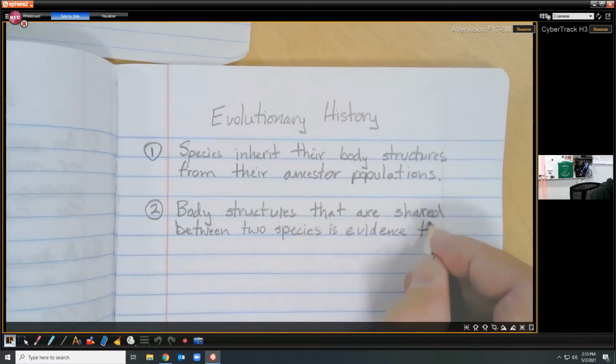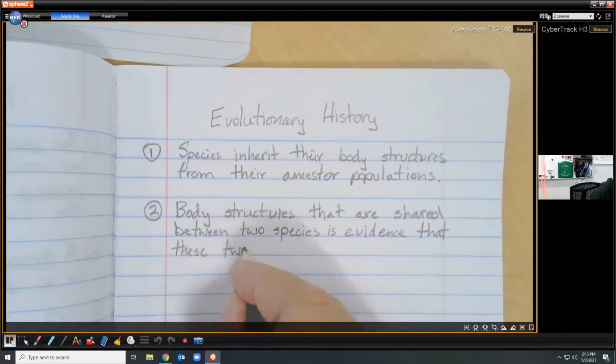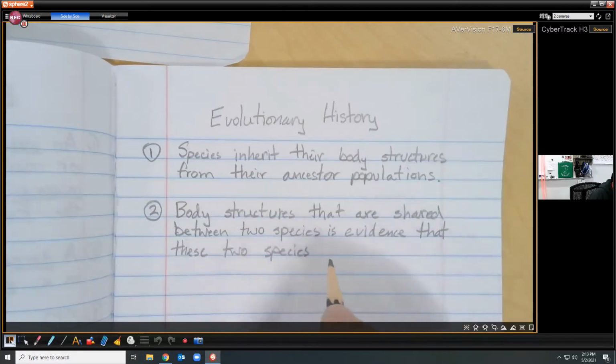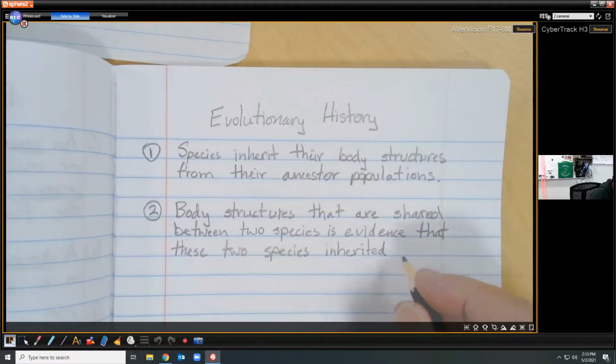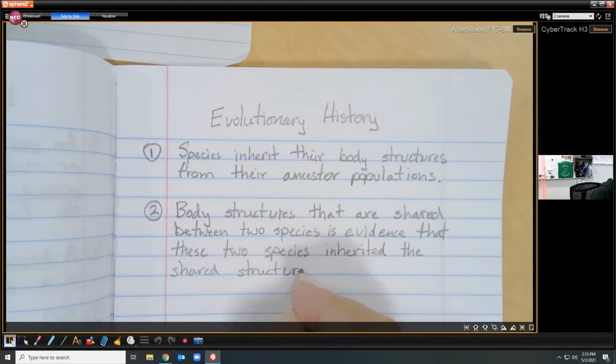Is evidence that these 2 species inherited the shared structure from a common ancestor population.